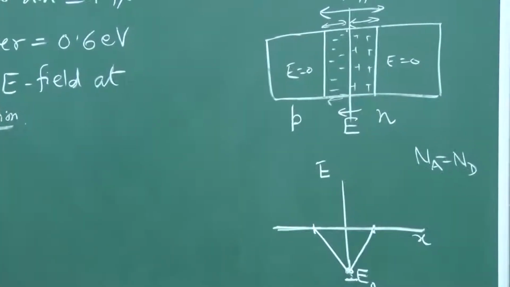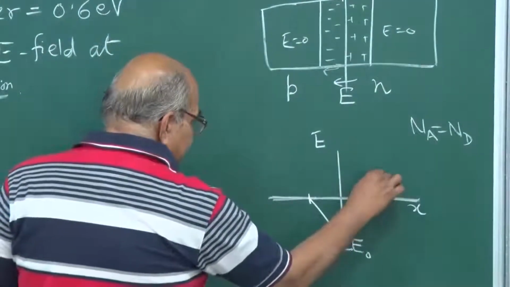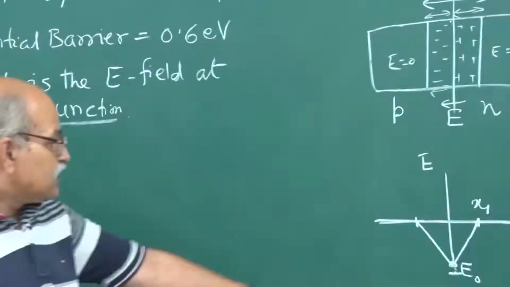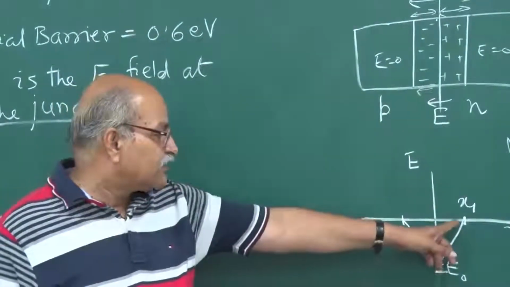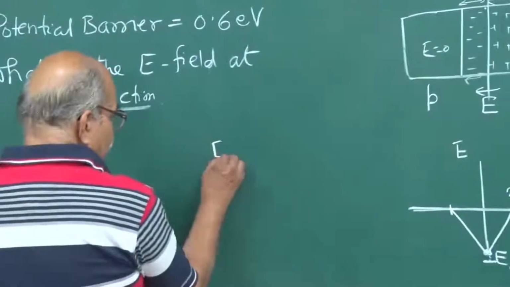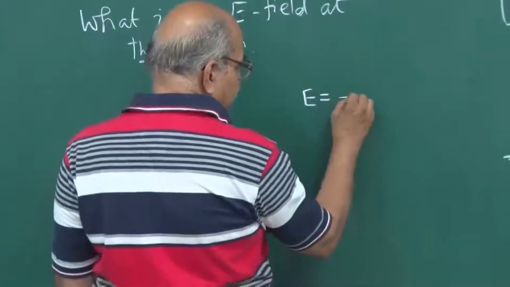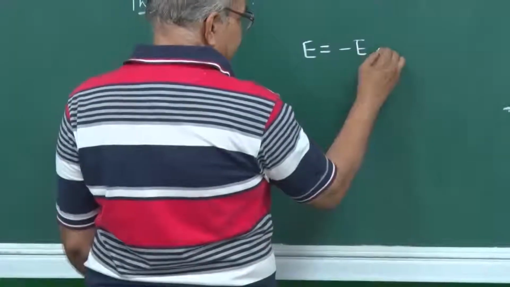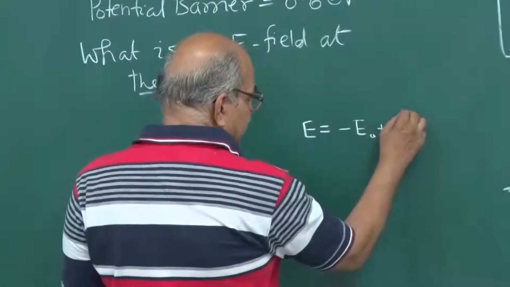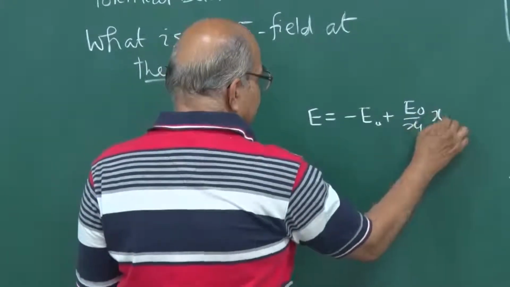Let me call this x1. So what equation can I write for the electric field here? I can write E equal to minus E naught plus E naught over x1 times x.